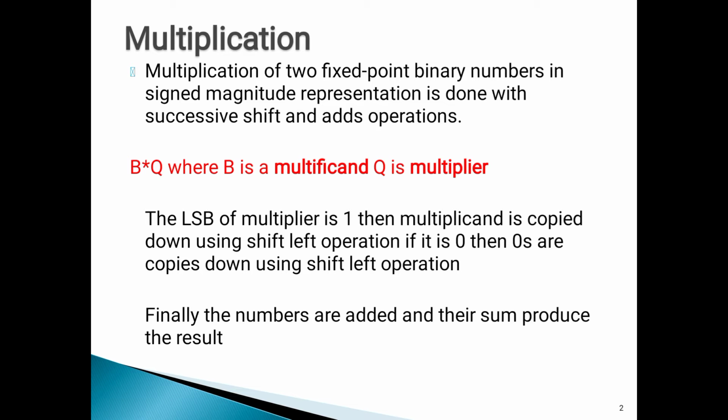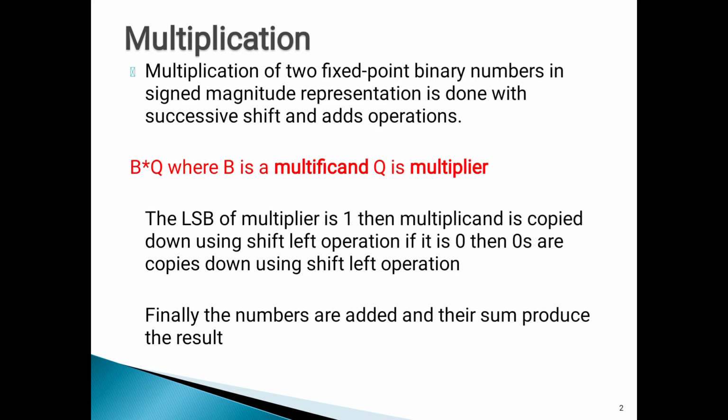So if you are performing any multiplication operation, we need two magnitudes, that is called B and Q. So here B is known as multiplicand and Q is known as multiplier, right? We need two operands, that's known as B and Q, right?